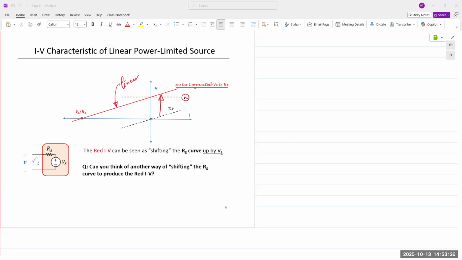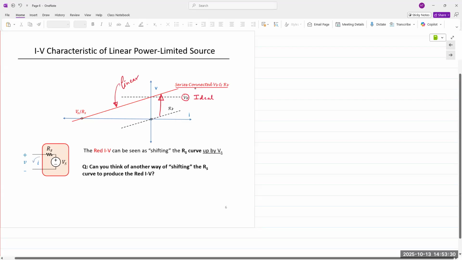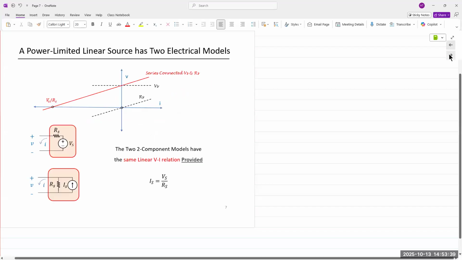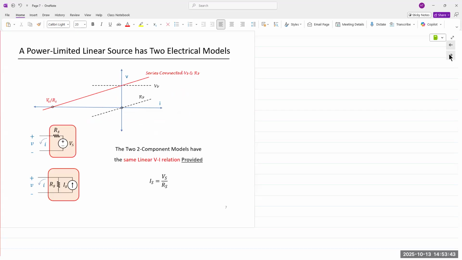Okay, and this, of course, is for an ideal source. So the curve for that source is shifted up by the amount of Vs. And of course, we also talked about how an electrical source can be modeled as a voltage source or a current source.